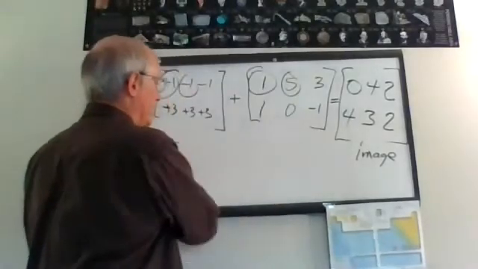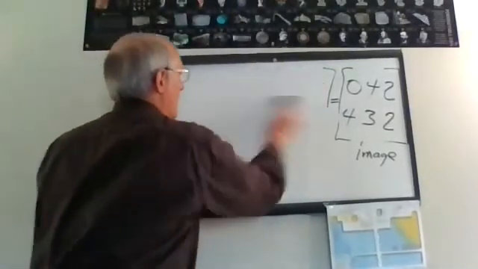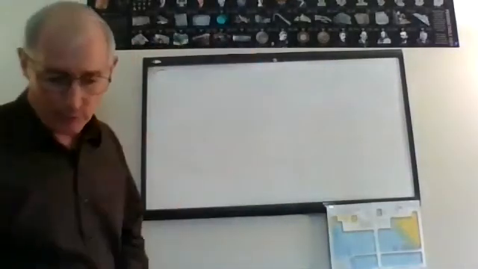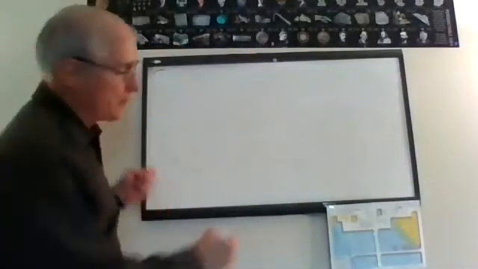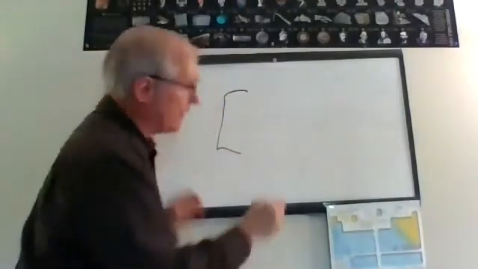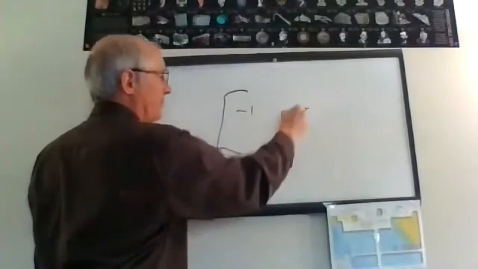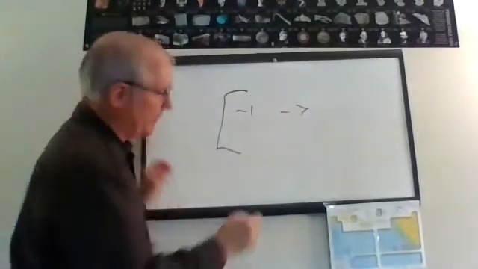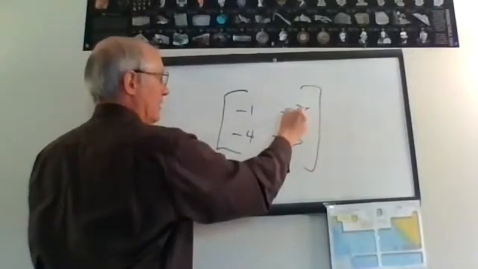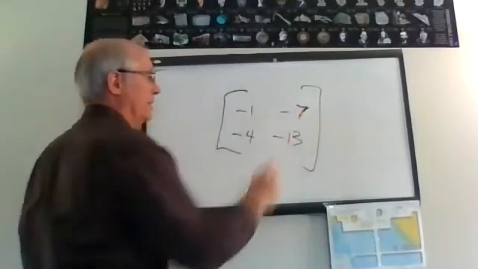Do I need to show you the answer? This is number 4. The solution is going to go like this: -1, -7, -4, -13. That's the answer. Do you have any idea how they got that?